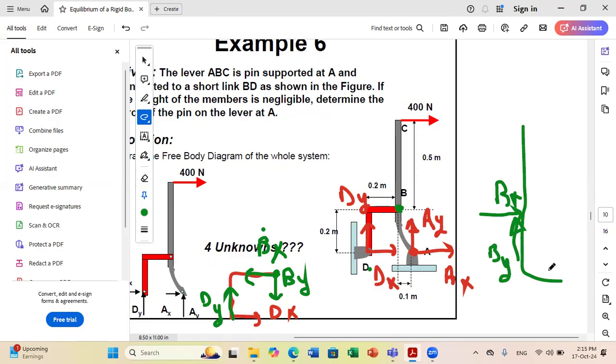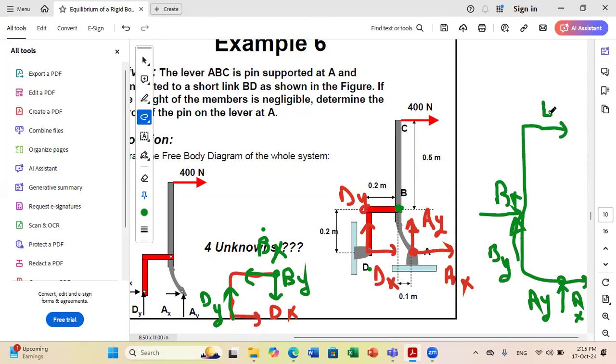And of course, I have AX, AY here, and I also have the 400 Newton force acting at C.